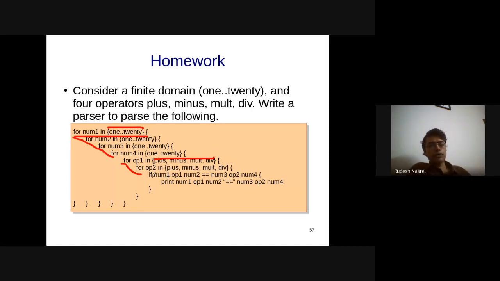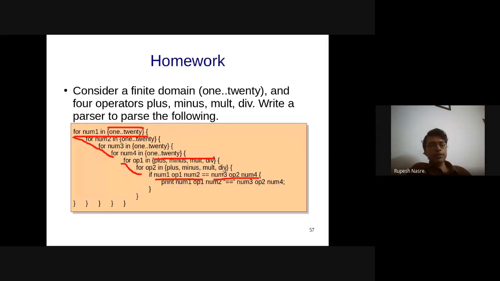And what I am going to do is ask if num1 op1 num2 is the same as num3 op2 num4. So we have to convert that string into a number, interpret the operator, and go over the operators, defined as plus, minus, mult and divide, just by looking at that string within the for loop.